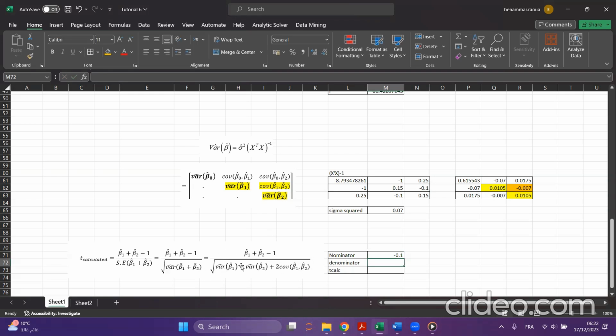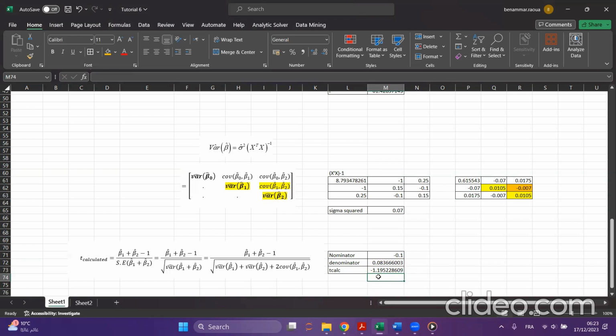Now, the denominator is equal to the square root of this value plus this value plus 2 times this value, which is the covariance. We do the division and we find our t calculated.